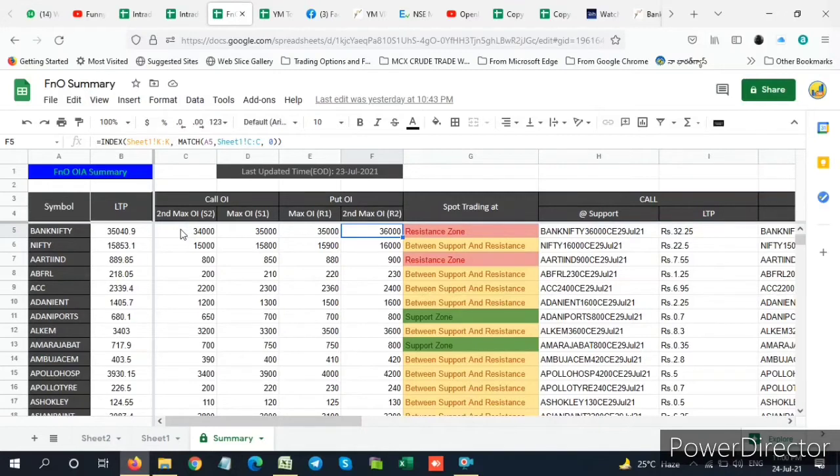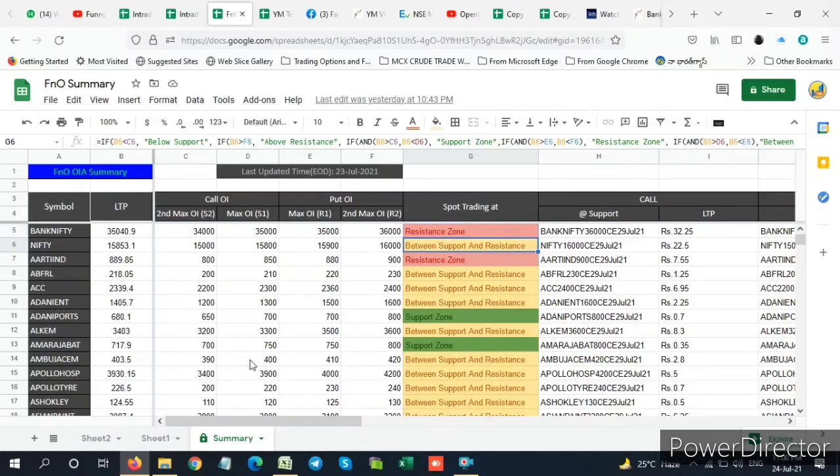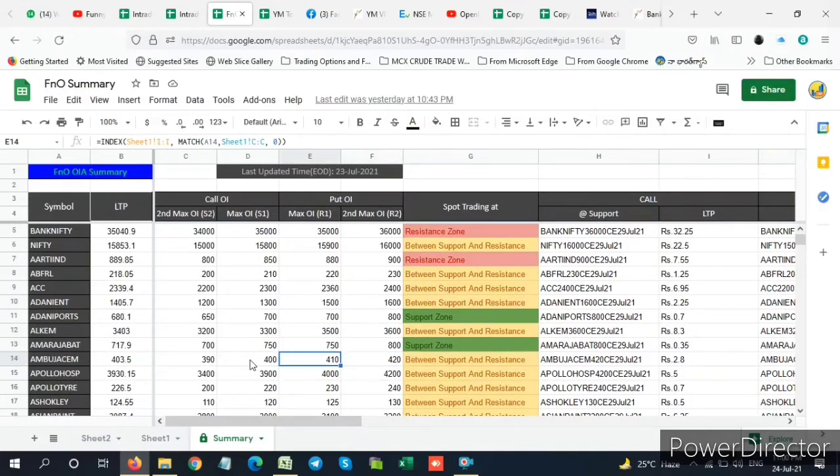So here I have shown it is below resistance zone, between support and resistance, support zone, resistance zone. So you'll get to know where the LTP is and how the price is going to behave in coming days.